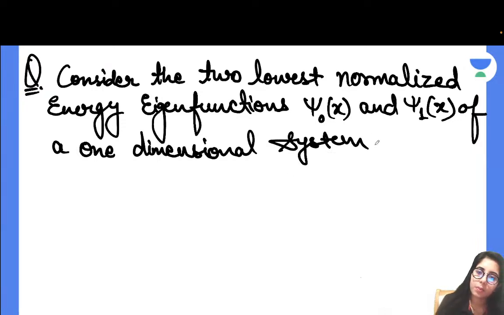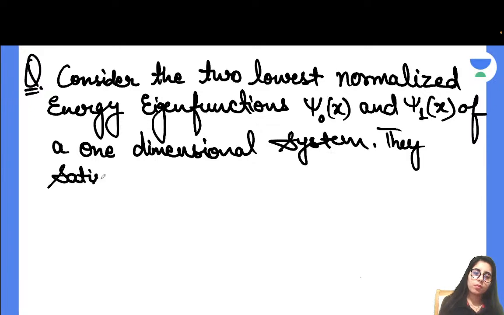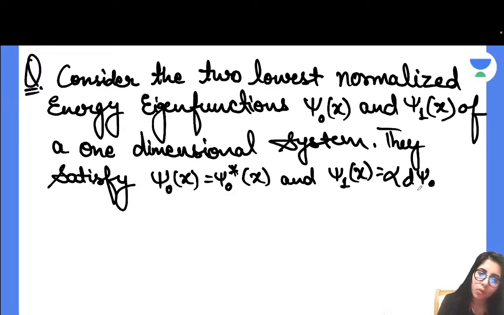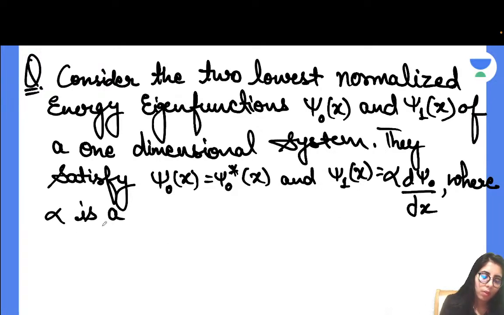They satisfy psi naught x is equal to psi naught star x, which is the complex conjugate and transpose, and psi 1 x is equal to alpha d psi naught over dx, where alpha is a real constant.